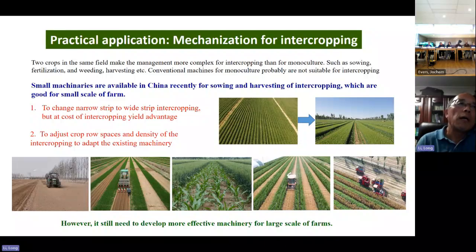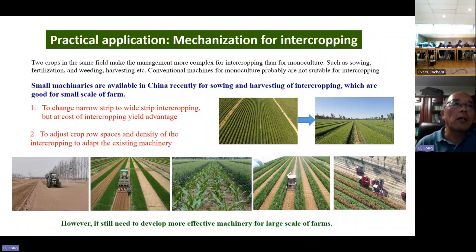As you know, if we change to wider strip intercropping compared to narrow strip, probably the yield advantage decreases. So we must compensate for that, through machinery and intercropping yield advantage.